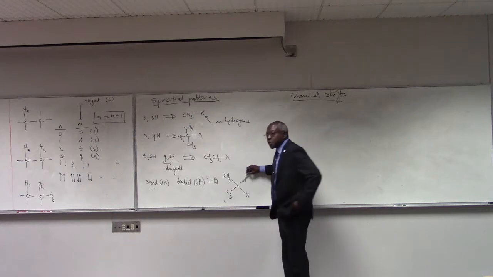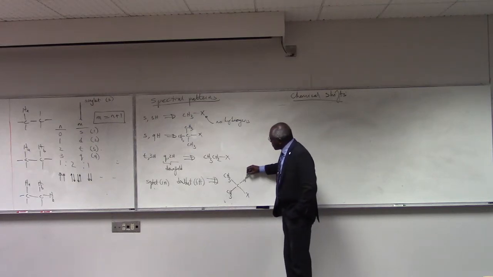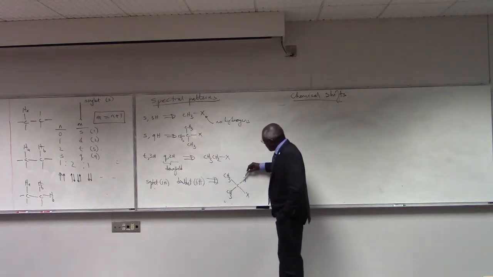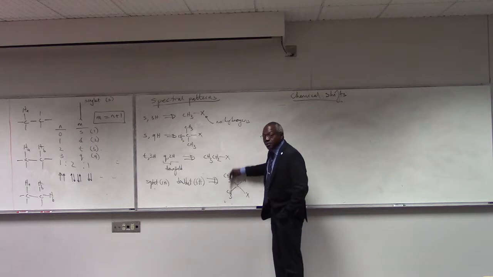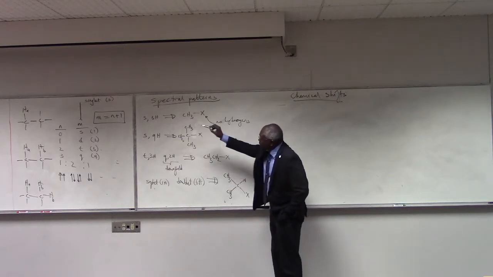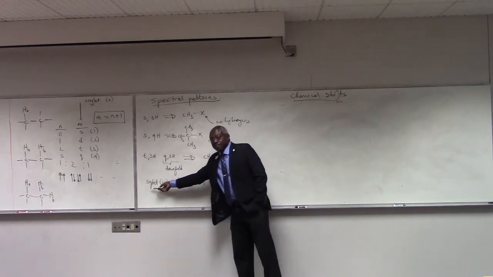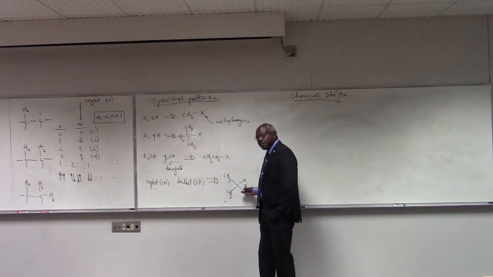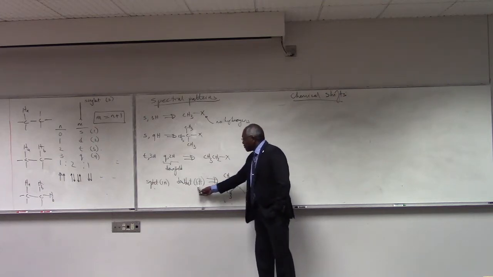This signal will integrate for 1 proton, but it has 6 nearest neighbors, so that's 6 + 1, which is a septet. Whereas these CH3s, there are 6 of them because they're identical, and they're on a carbon attached to 1 H. So I'm going to get a doublet, 1 plus 1 is 2, which integrates for 6 protons.